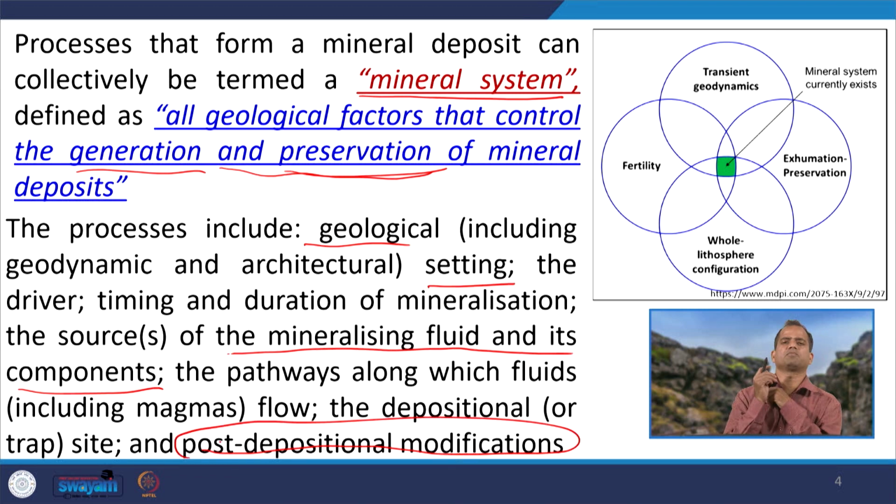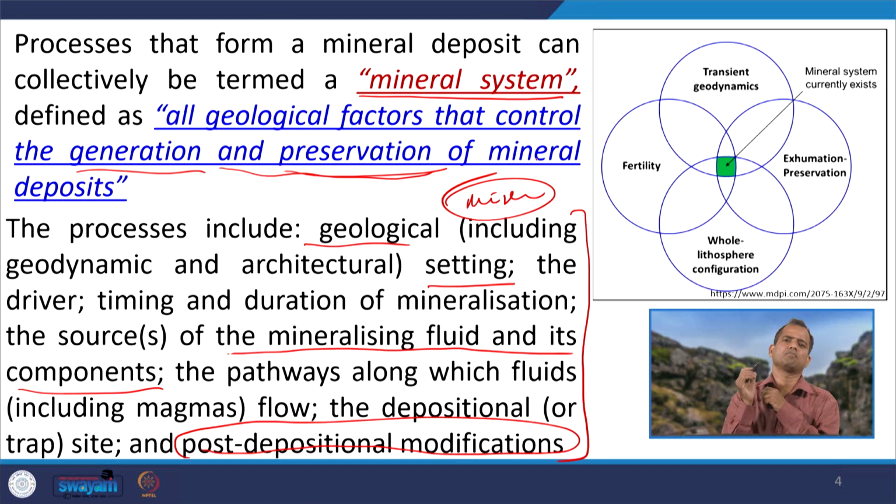Post depositional modification means, after the formation of the mineral, how it is modified, whether by weathering, by metamorphic effect, or remobilized due to exhumation. So, all these factors are affecting, and finally it gives rise to mineral deposits.